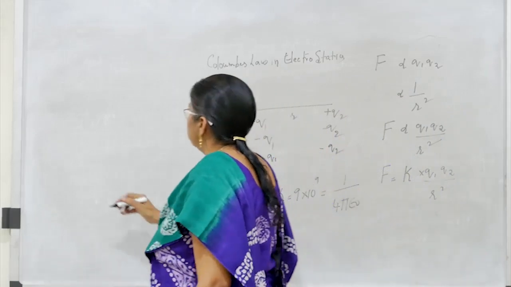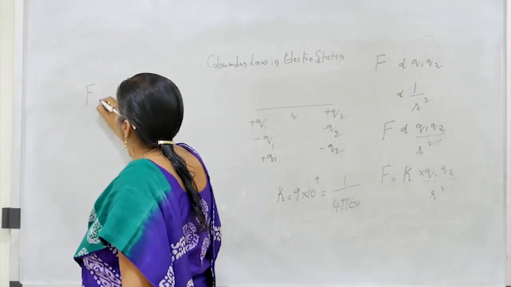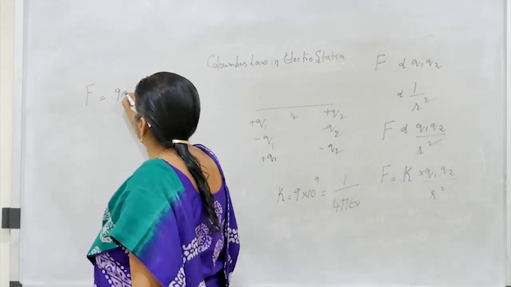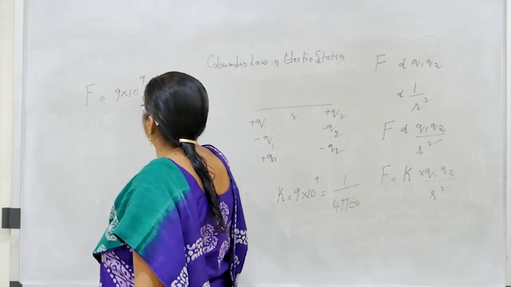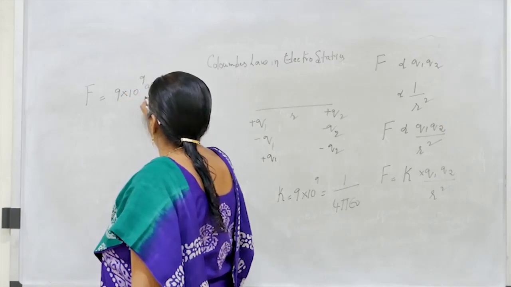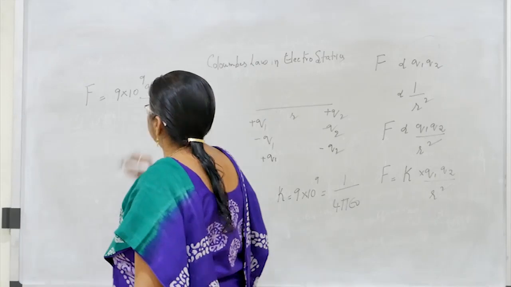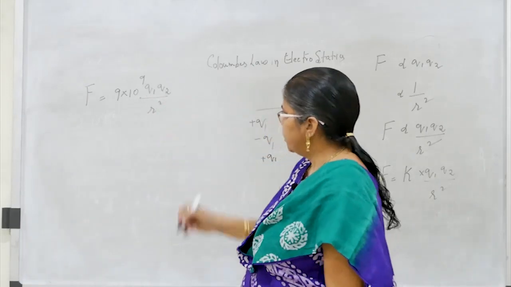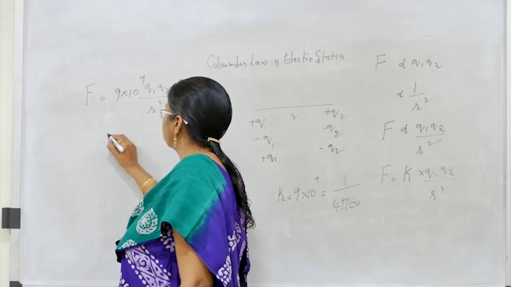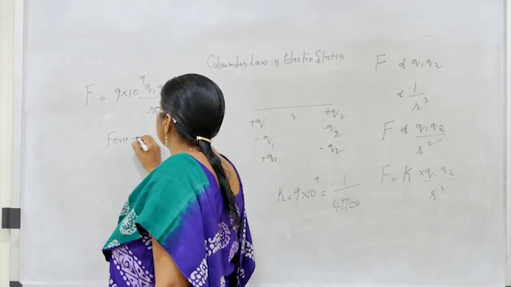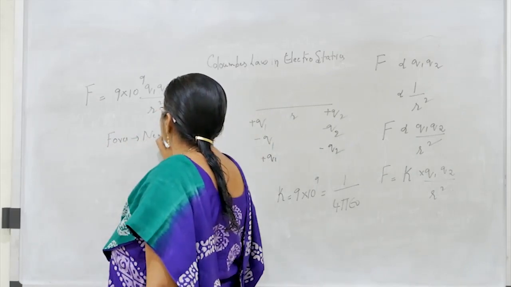So if I substitute, in place of k, 9 into 10 power 9, F is equal to 9 into 10 power 9 q1 q2 by r square. The unit of force is newtons.